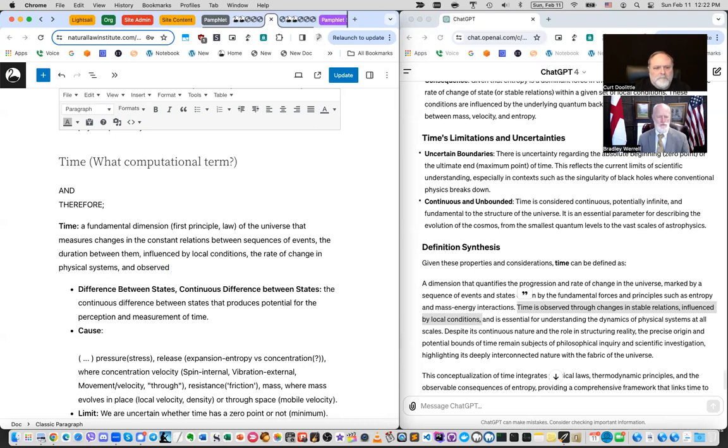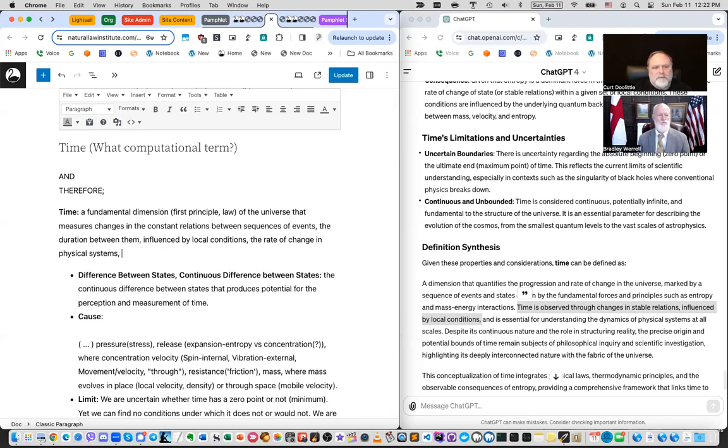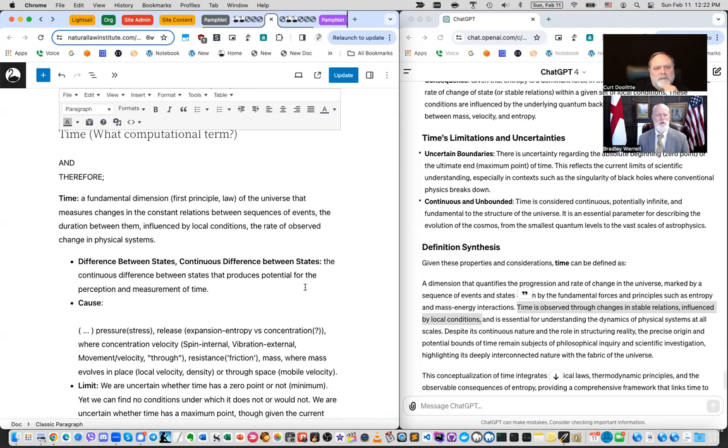Where does observed go? They're merely observed. It accounts for that observed in all physical systems. Is that right? A rate of change that we observe, or what do I mean? That's fair enough. I think that's observed change, and that's all you need to say. Okay.